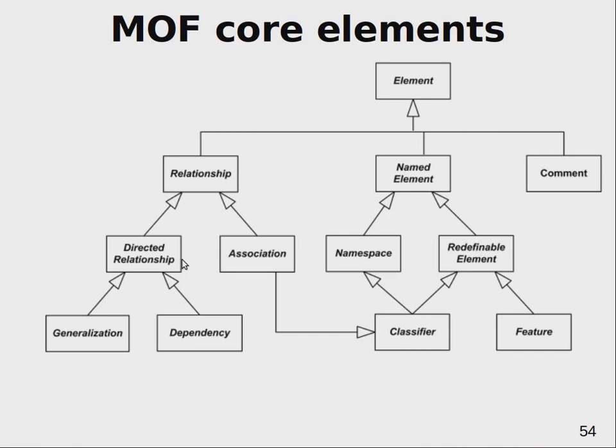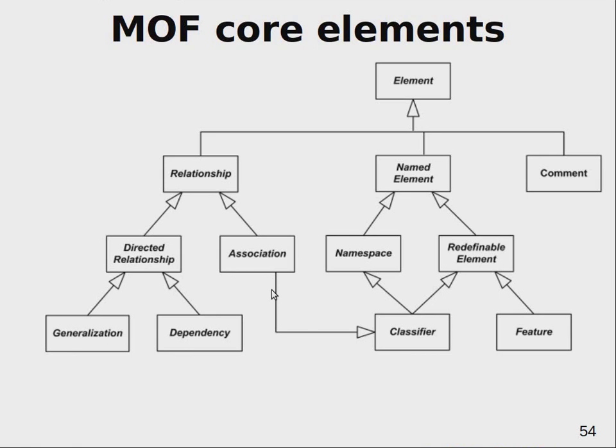And these may be either relationships or named elements, and relationships may be either associations or direct relationships, and direct relationships may be either generalization or dependency. So the graphical representation for this would be a solid line with a rectangle, dependency a dashed line with an open-ended arrow. If it's an association, then it is just a line, but of course if you go into more detail it may have more properties added to it.